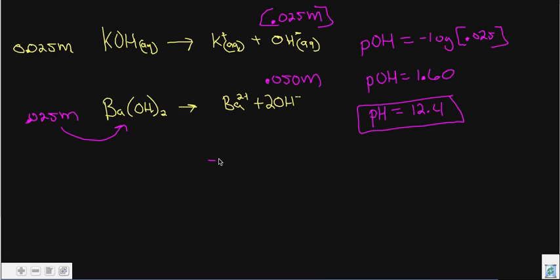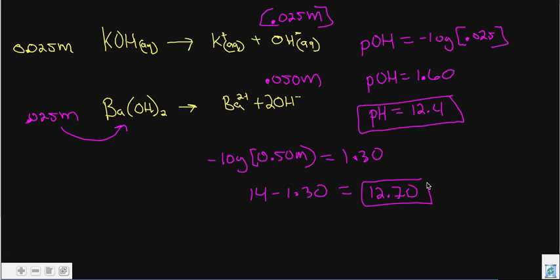So if we take the negative log of that, the negative log of our 0.050 molar, we're going to get 1.30. And if we subtract that from 14, we're going to get a pH of 12.70 is our resulting pH of that solution.